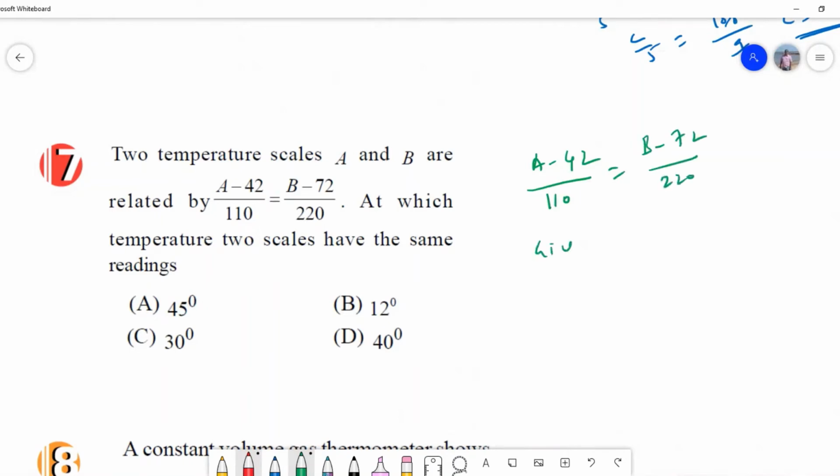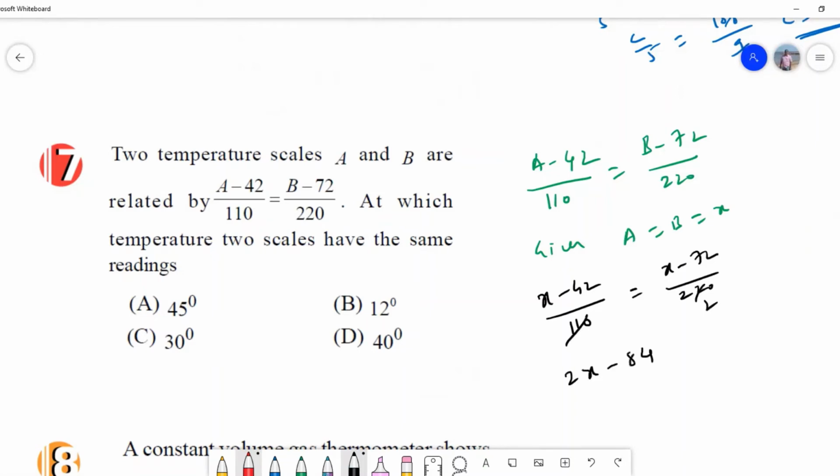Given A is equal to B is equal to some X. Let's substitute. X minus 42 by 110 is equal to X minus 72 by 220. So this will go by 2 times. So 2x minus 84 equals x minus 72. So x is equal to 12. The answer is B. 12 degrees is the answer.